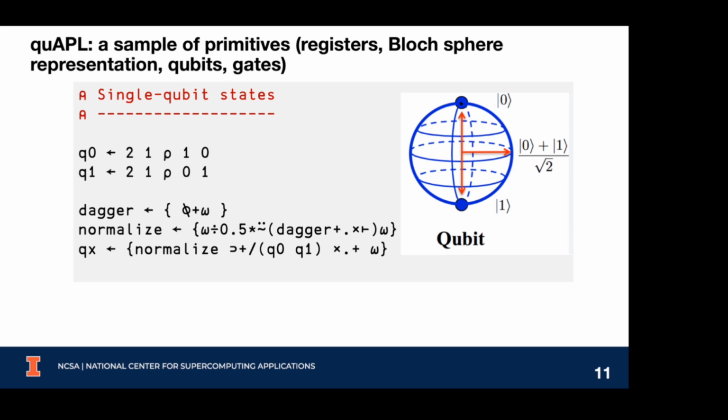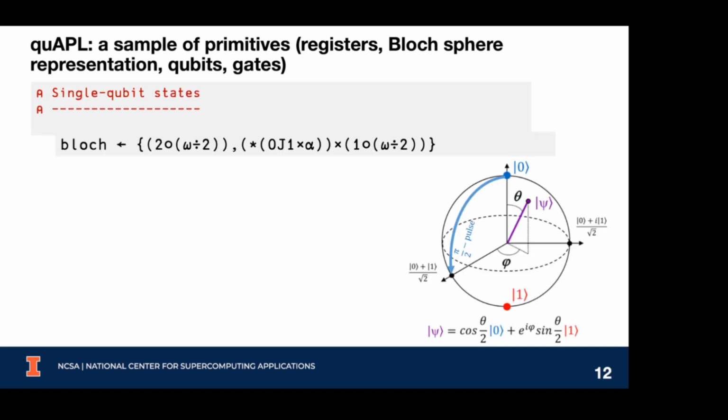And also the QX, which will perform a linear combination between these states. We also normalize it afterwards, in order to have all of these qubit states be of unit size. Secondly, we also simulate the Bloch sphere, which represents any qubit state as a linear combination of 0 and 1 in the base states of the qubit.